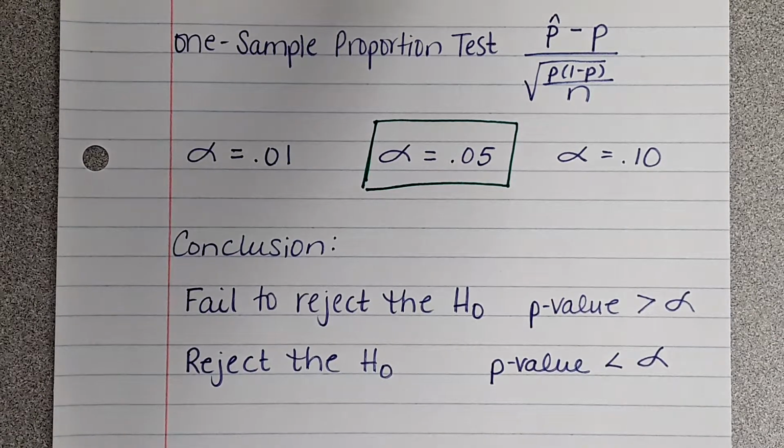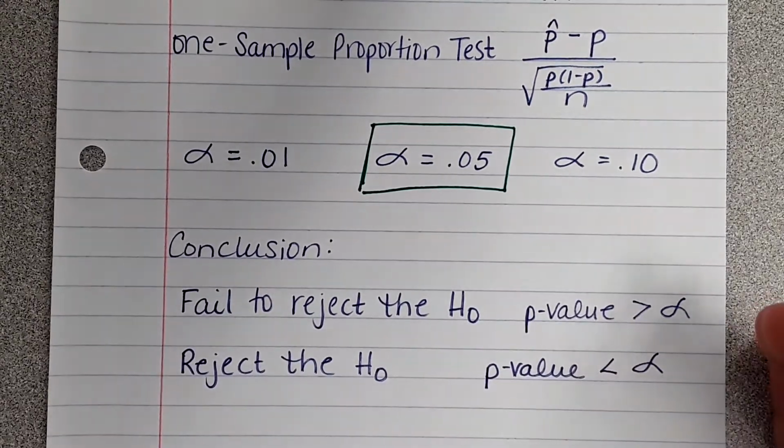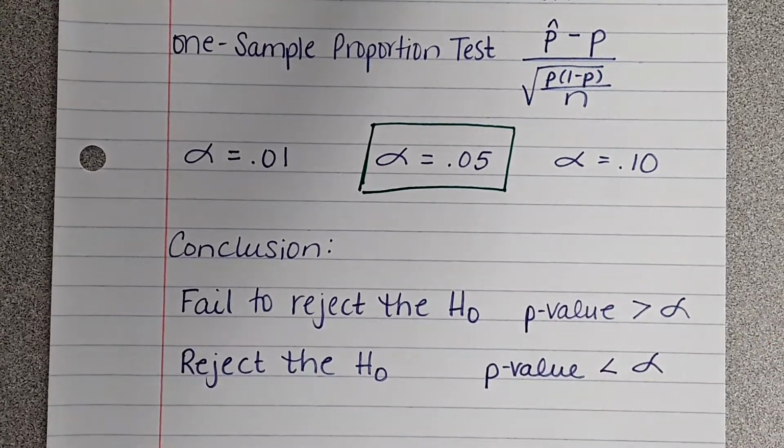Now, I'm going to tell you, you're going to do this in your calculator. You're going to find your p-value. You can use your chart, but most of the time you're going to use your calculator. I'm going to teach you to tell your calculator whether you want it to be greater than or less than. So your alternative hypothesis, right?